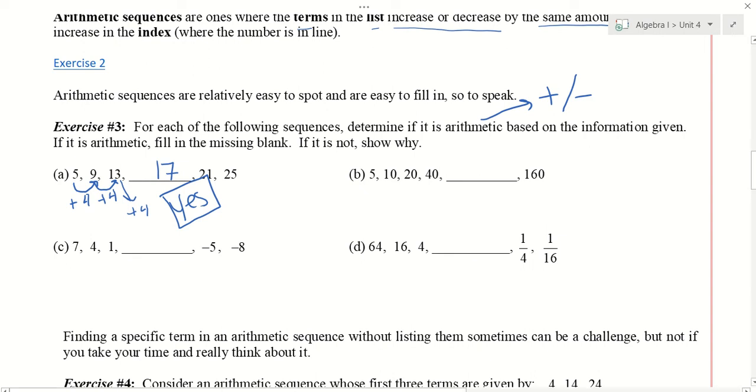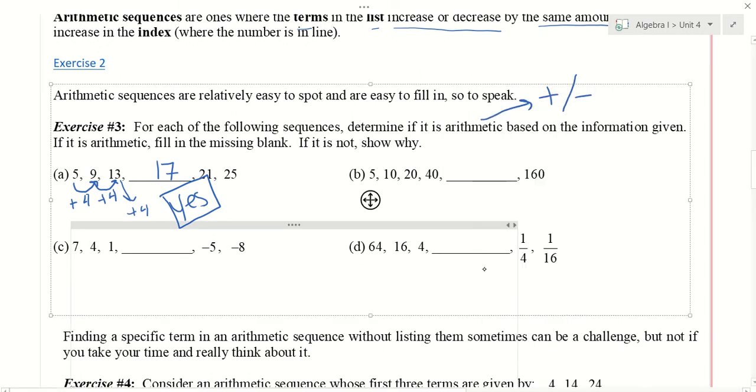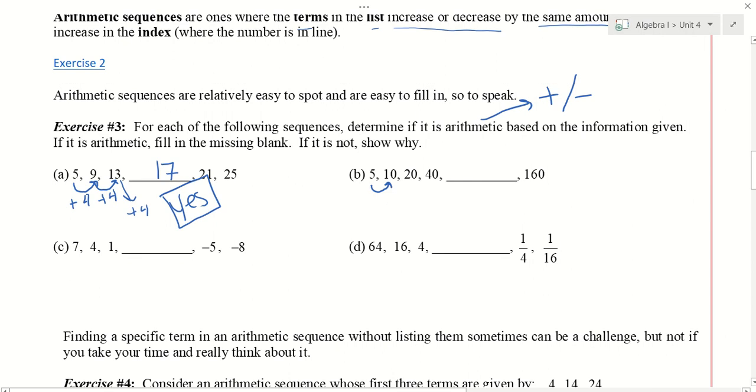Okay, letter B. Did you think this one was arithmetic? Were you able to find the blank if it was arithmetic? If it was not, why not? So start like we did on letter A. How do I get from 5 to 10? Add 5. How about 10 to 20? Add 10. How about 20 to 40?